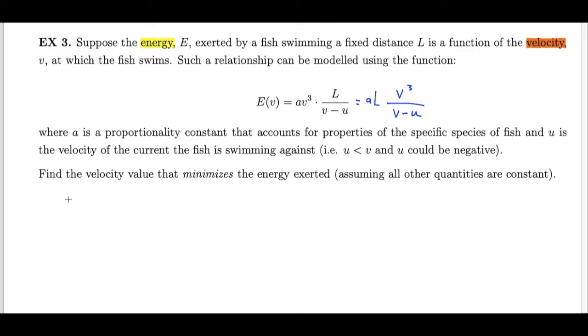First step in doing that is to calculate the derivative. Again, the AL is constant, so it's unaffected by the derivative. And now I have a quotient, so let me apply the quotient rule to calculate the derivative.